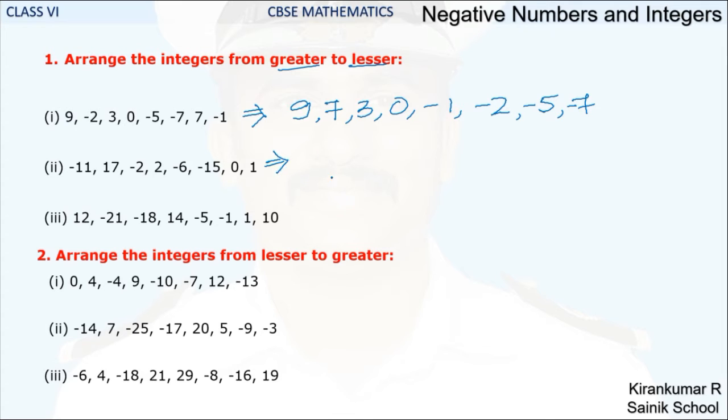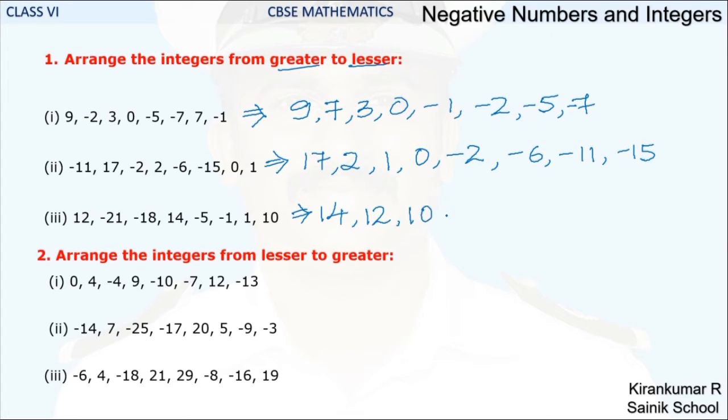Similarly, let's do it for the second one. The larger is 17 followed by the next larger 2, 1, 0, minus 2, minus 6, minus 11, minus 15. Then the third one, the larger here is 14, followed by 12, then 10, then 1, minus 1, minus 5, minus 18, minus 21.